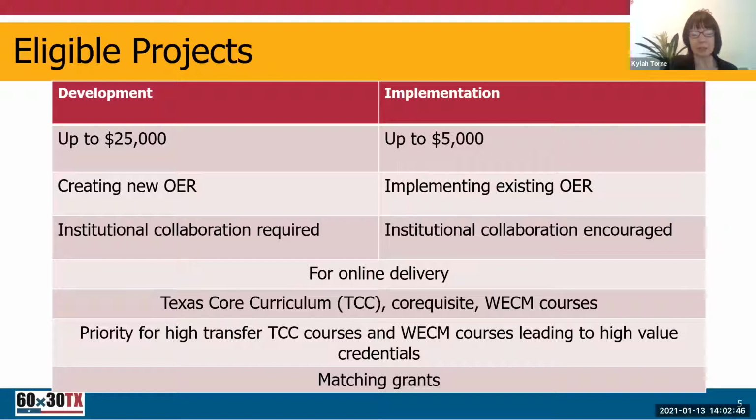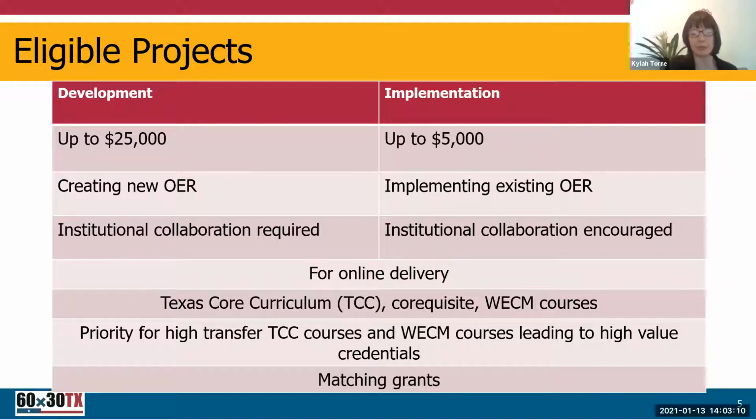As I said, there are 2 types of eligible projects under this grant program. Development grants are up to $25,000 and they're for creating new OER. Institutional collaboration is required within development grants, and that can look like a one-to-one: you collaborate with faculty at a different institution for peer review, something like that.